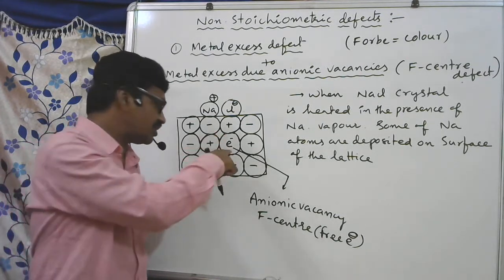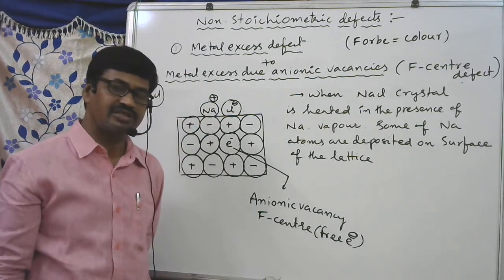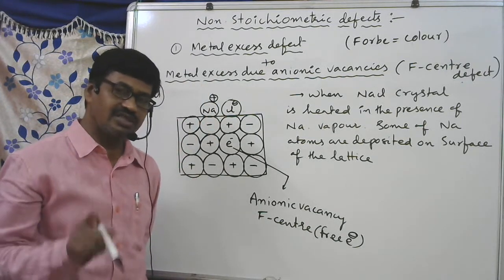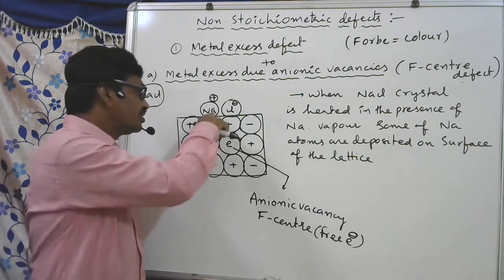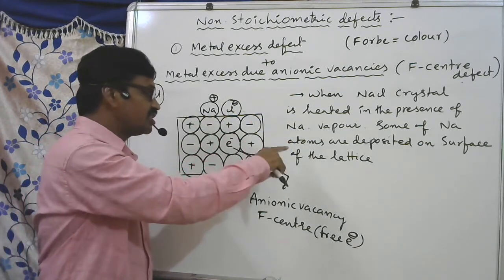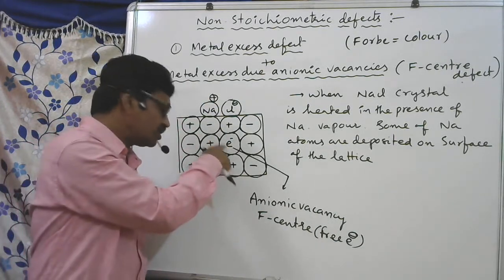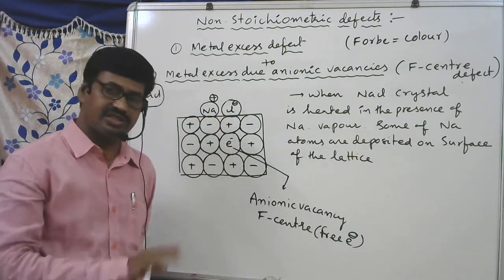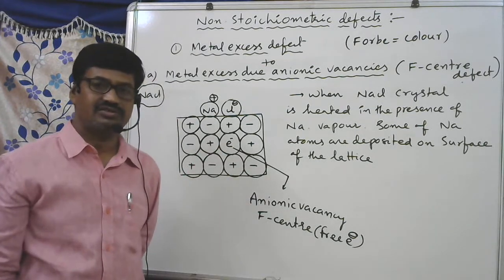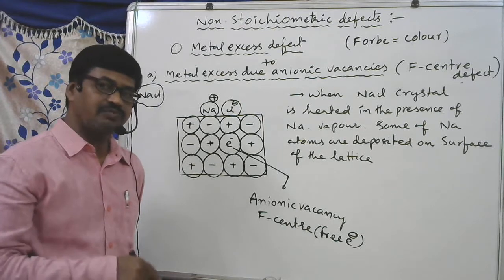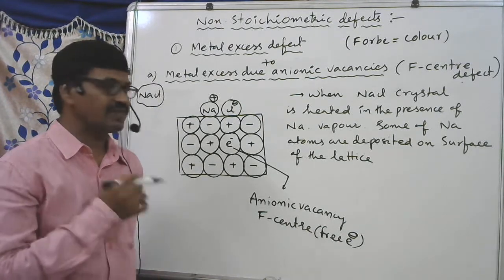But that electron is not from the Cl minus ion. The Cl minus ion remains as it is. The electron released by the sodium present on the surface enters this anion site, so that it can impart color. Which color? Yellow color.